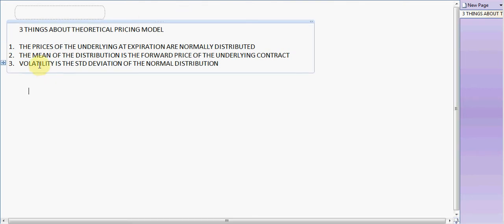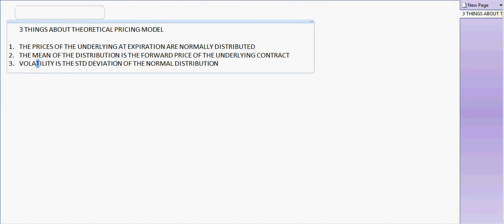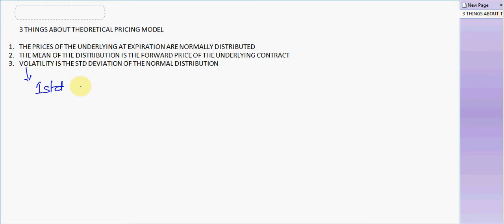Again, an important thing to remember is that the volatility here, as I mentioned, is one standard deviation price change in percentage over 1 year.